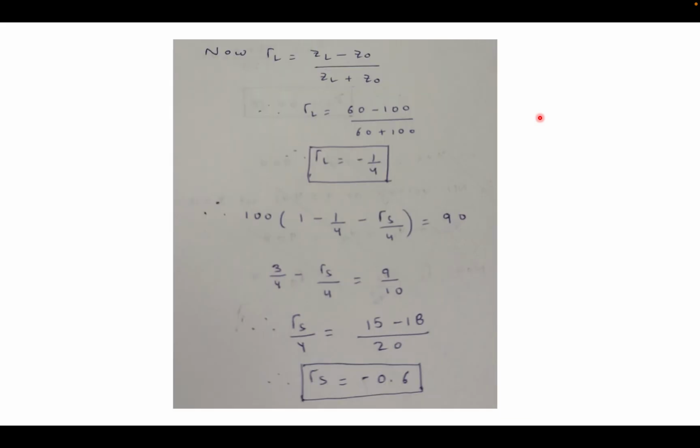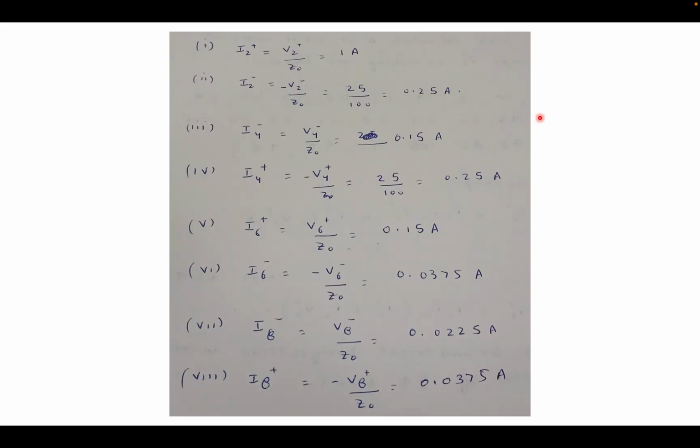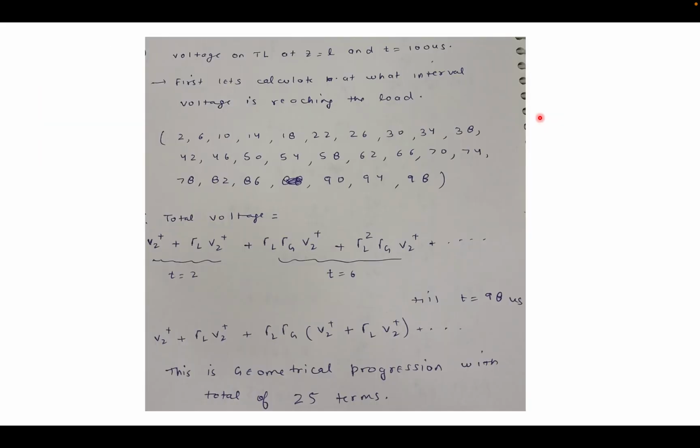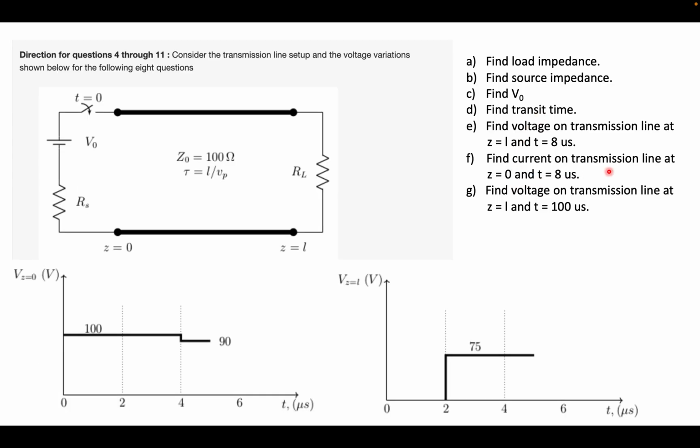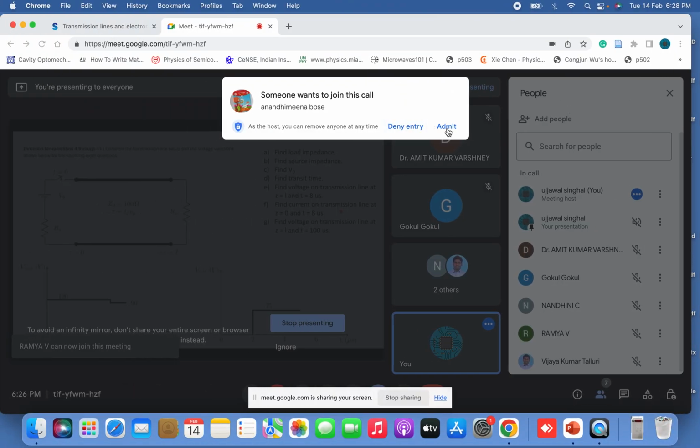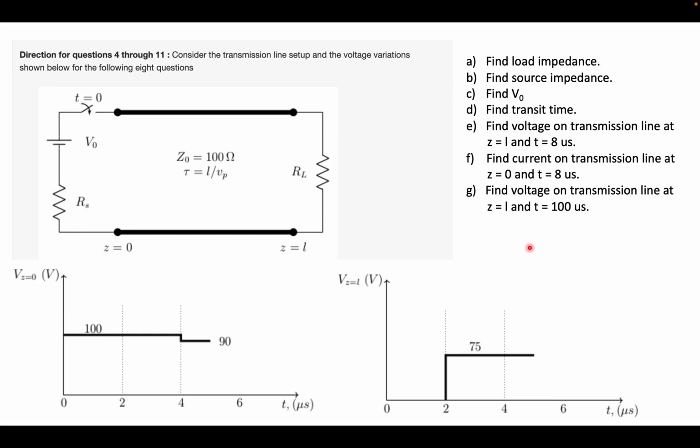This part, how much current did you get? Find the current on the transmission line at Z equal to 0, T equal to 8 microsecond. What is the value of current? 1.46. Yes, that is the correct answer.